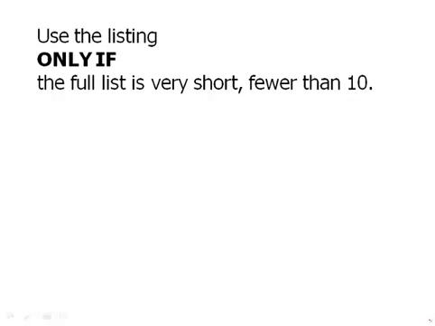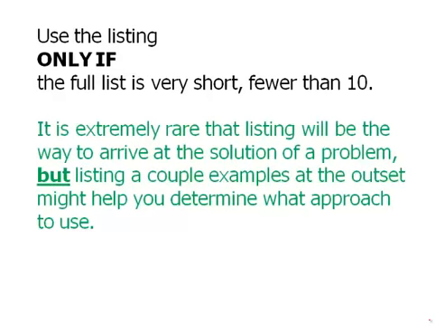So it's not whether the number of items is fewer than 10. It's whether the number of possibilities that we're concerned with in the problem is fewer than 10. This is something really important to appreciate. It is extremely rare that listing will be the way to arrive at the solution of a problem. There's going to be almost no problem in the test that we can solve completely purely by making a list.